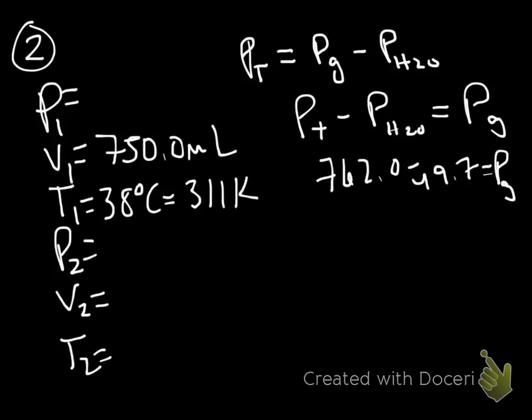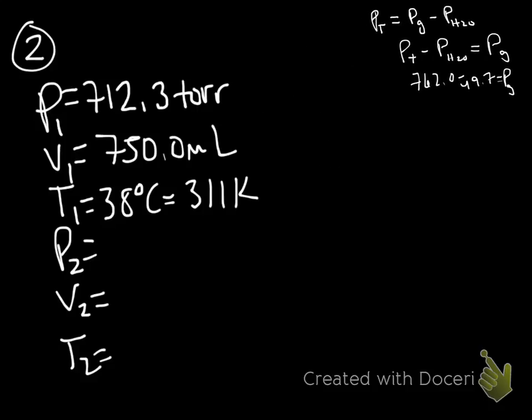That's the gas pressure. We end up with an initial pressure of 712.3 torr. You have to do that step or you're not dealing with dry gas. We call it dry gas because we have taken out the pressure of water. So when you remove water from something, it is dry. All right, I'm going to just shrink that to the corner.